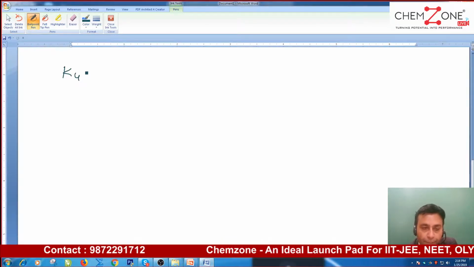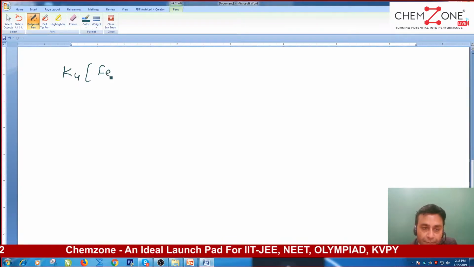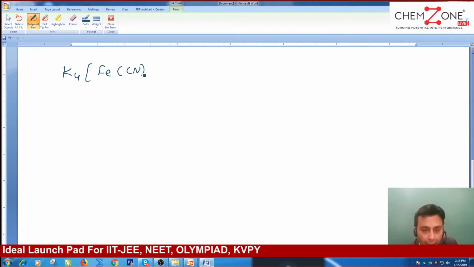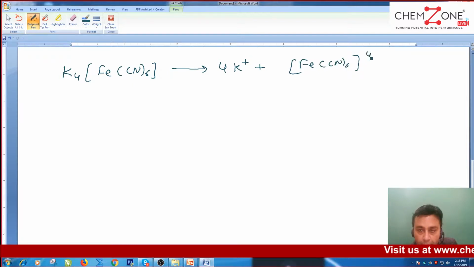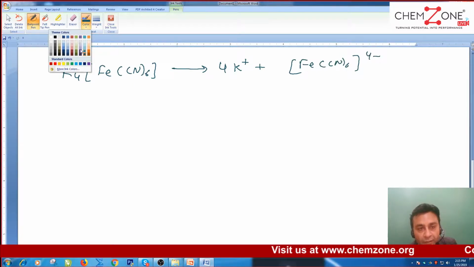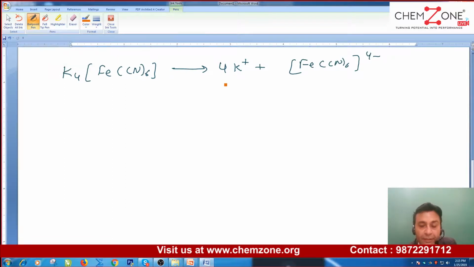I gave you this complex in the beginning to name, right? If I dissolve this in water, it will give you potassium ion and this complex. So the ions which are present can be detected.